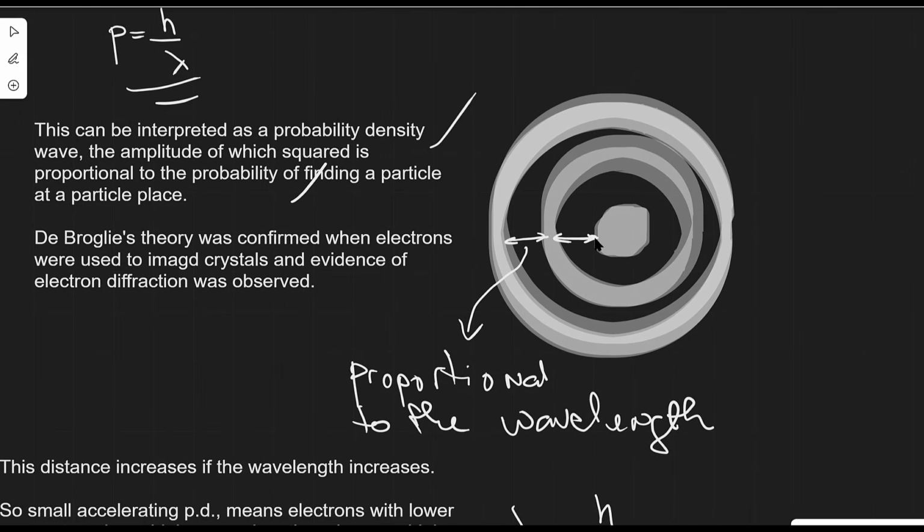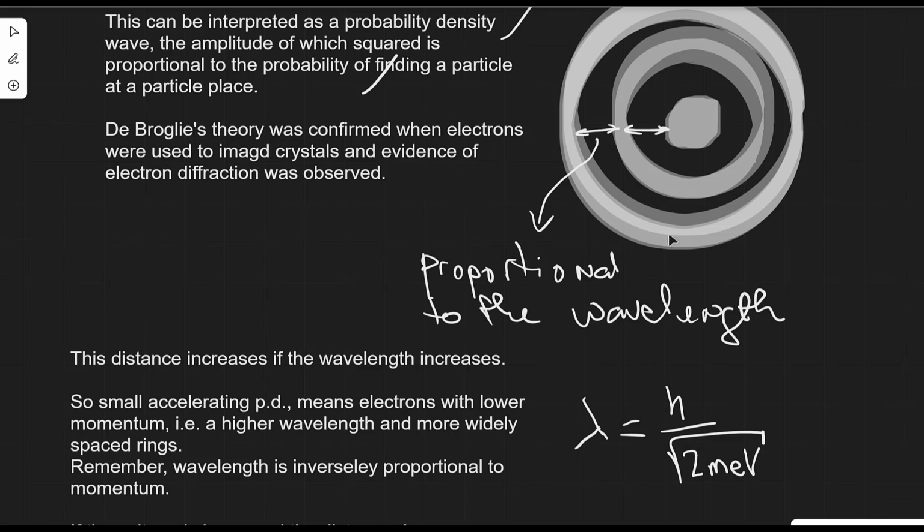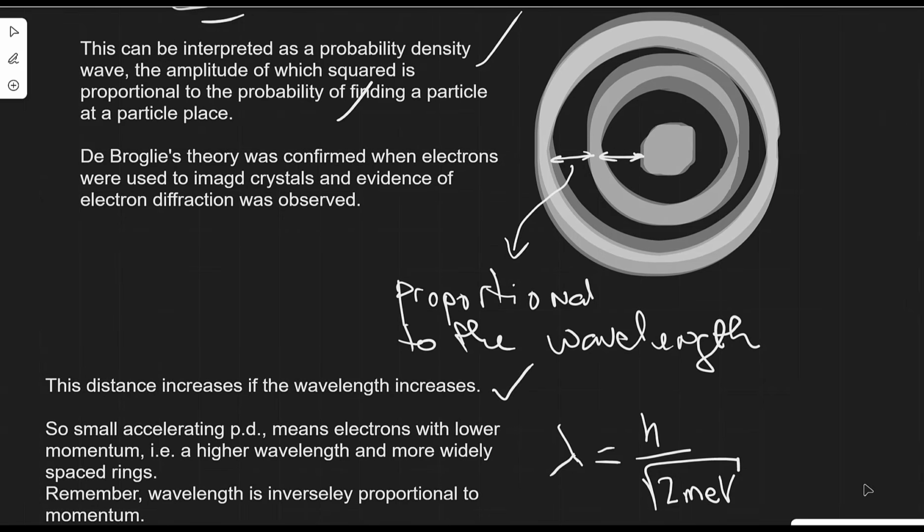Now the gap size between the concentric rings is proportional to the wavelength. If the distance increases, then the wavelength will increase as well. Now, something which appears quite often in questions, and it's really, really important, is this next bit here.